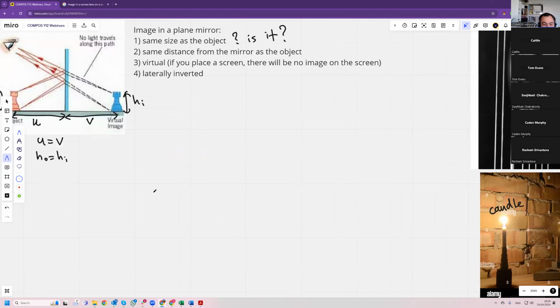So if you do a diagram, it becomes very clear. This is the house. The house is very big, it's a normal size house. This is my small mirror.